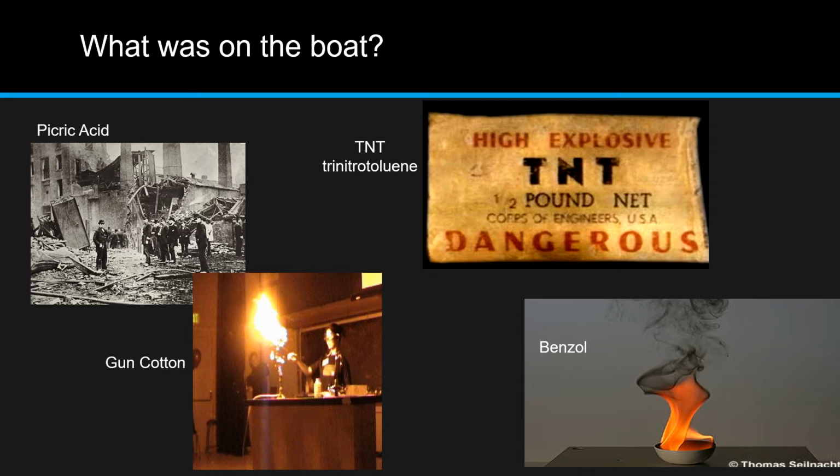Unfortunately, this boat was carrying all of these highly flammable, highly explosive materials, and when it got hit and a little spark happened, the highly flammable things caught on fire. And when that fire keeps burning and gets hot enough, it sets off the explosives, creating this massive, and I mean massive, explosion that was only beaten by nuclear explosions.